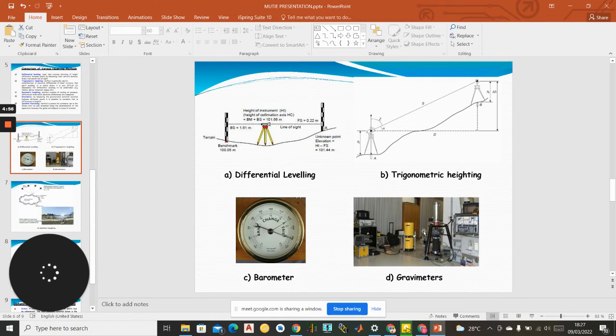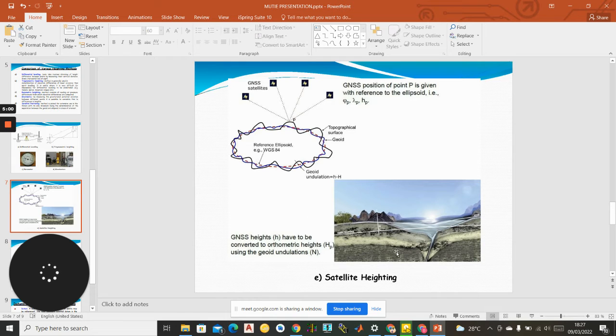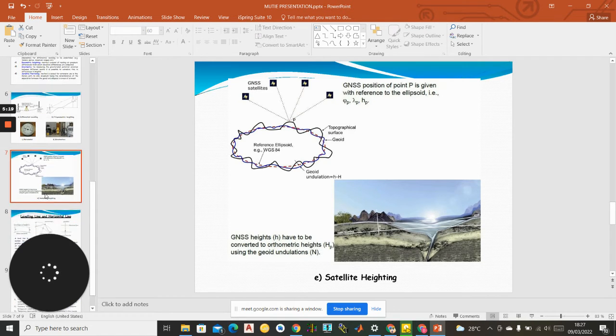You can see them. Then we have satellite heighting. There you can see the geodetic position of point P is given with reference to the ellipsoid. So you can see the images of these heighting methods. Geodetic heights have to be converted to orthometric heights, HP, using geoid undulations.